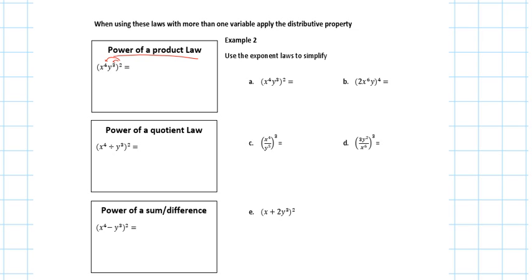I'm going to multiply the 4 by the 2 and the 3 by the 2. So that's going to be x to the power of 8, y to the power of 6, and that's my final answer. Because I have a product inside the bracket, that power is going to affect every single term inside the bracket. Okay?